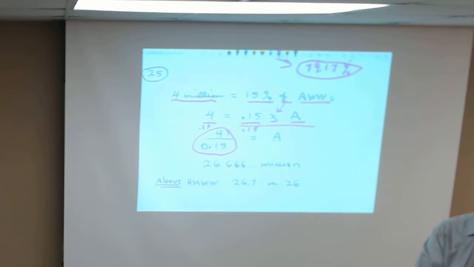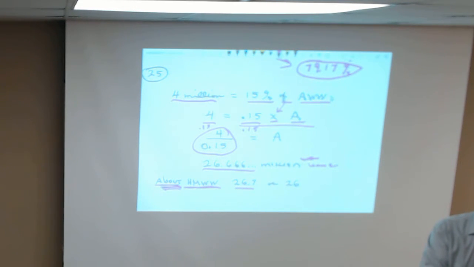You get 26.666 million women, working women. About, that's what it'll say on the test. About how many working women are there? Now, the answer book for your test, practice test, says 26.7.